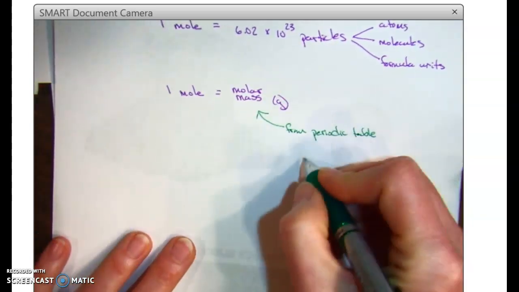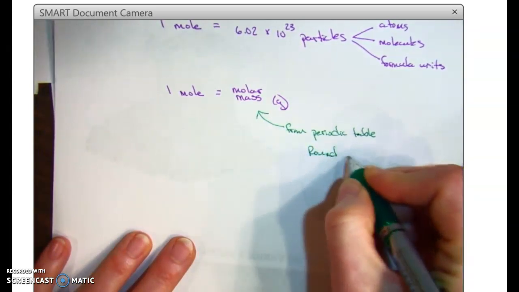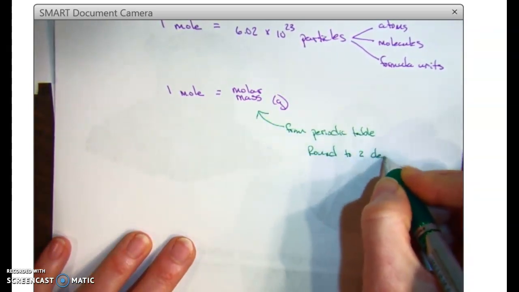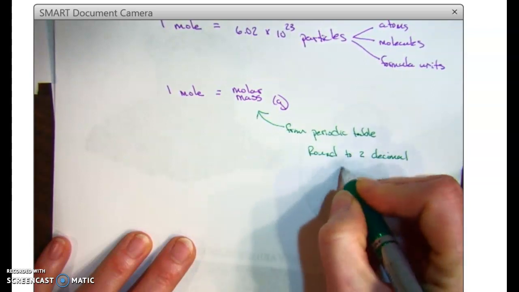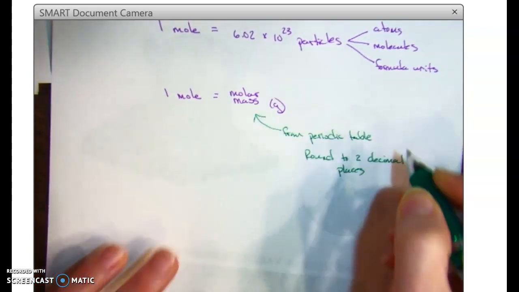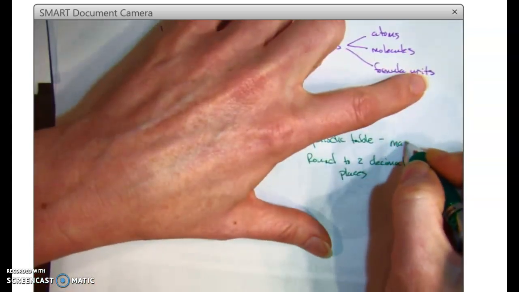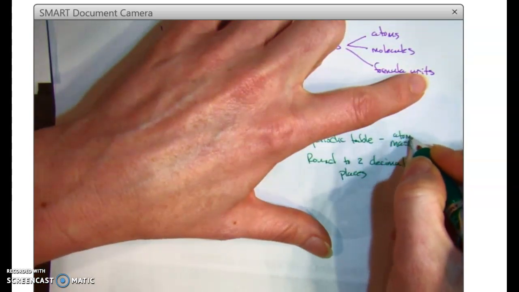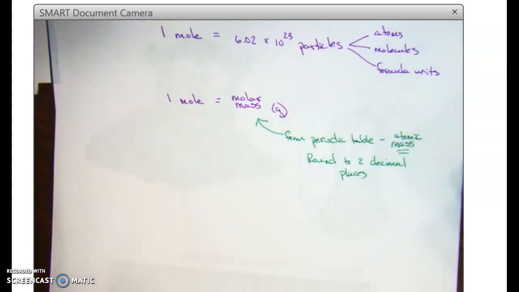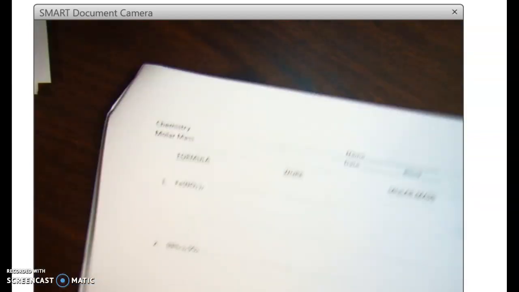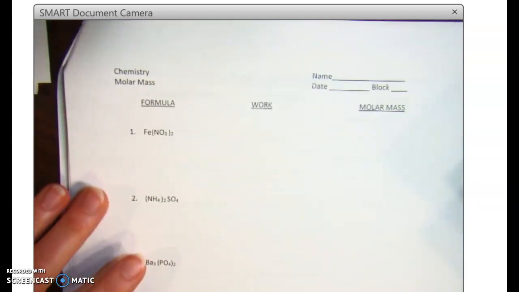And from here on out, we're going to round to 2 decimal places. And you're going to look at the mass, the atomic mass, or the atomic weight of each element. So if you flip over, I'm going to do one of each example.